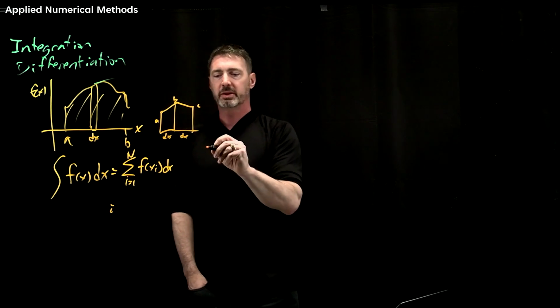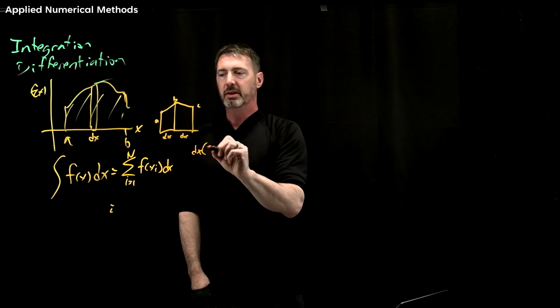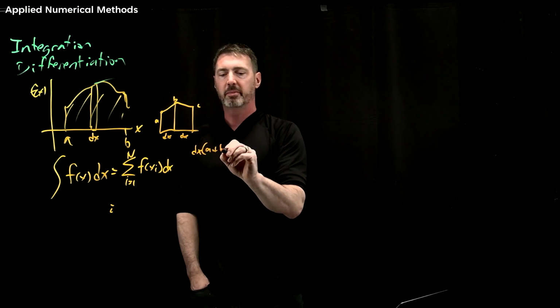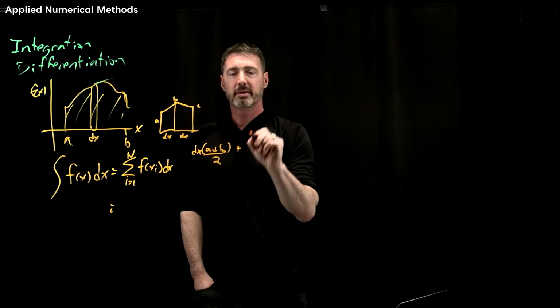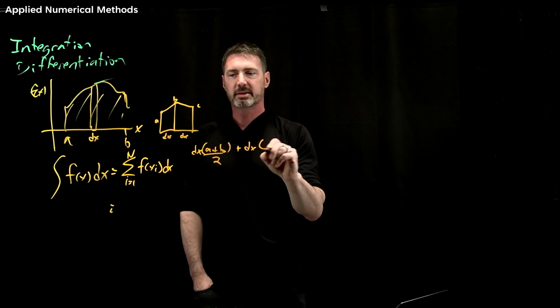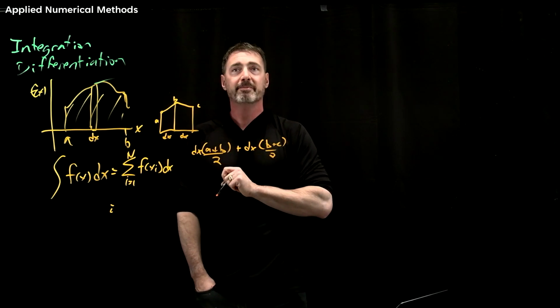The area of this trapezoid is dx times A plus B, averaged over 2. Then if you added up the next one, you would add dx times B plus C over 2.